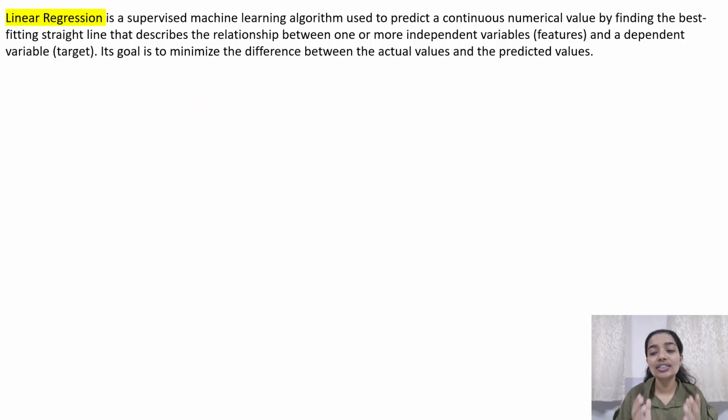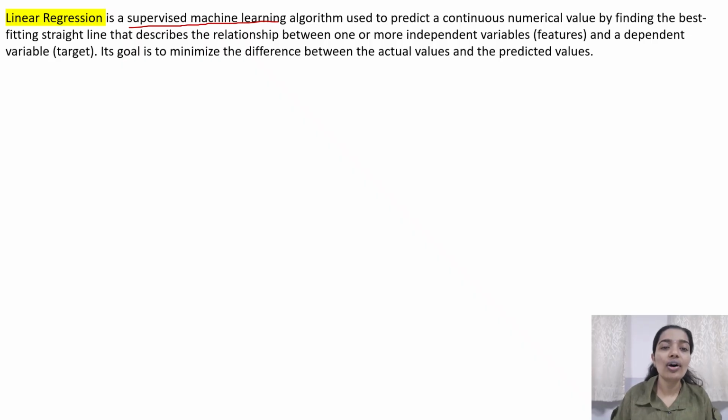So basically, what is linear regression? Linear regression is again a supervised learning algorithm. Supervised learning means we will have inputs and outputs. We know what a supervised learning algorithm is by now. Then we use it to predict. Obviously it is a regression algorithm, so we won't classify anything. The output of this algorithm will be a numerical value.